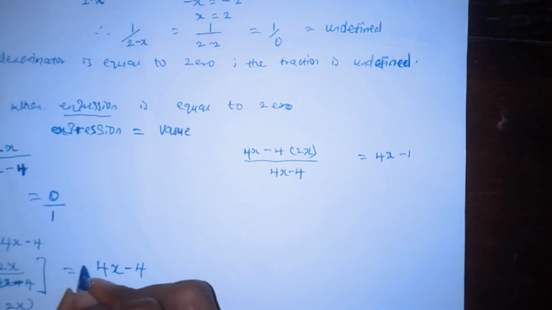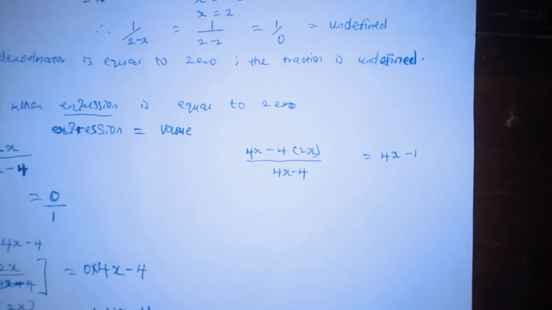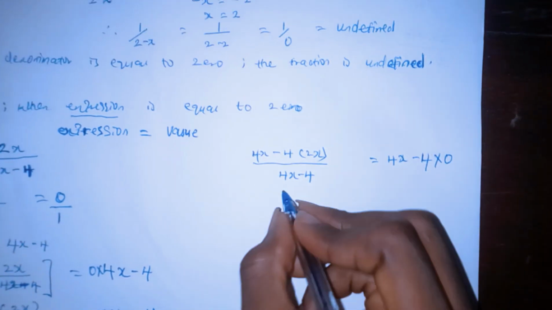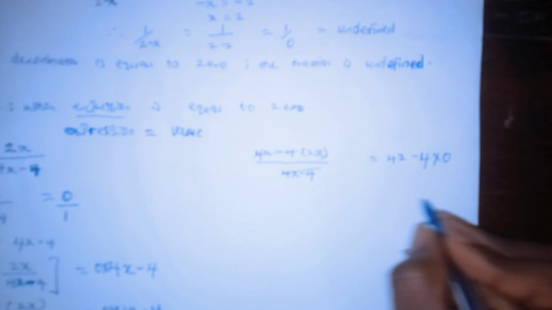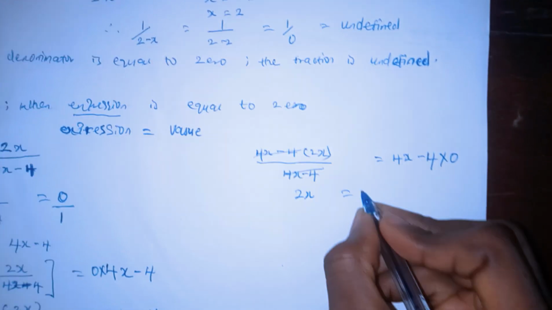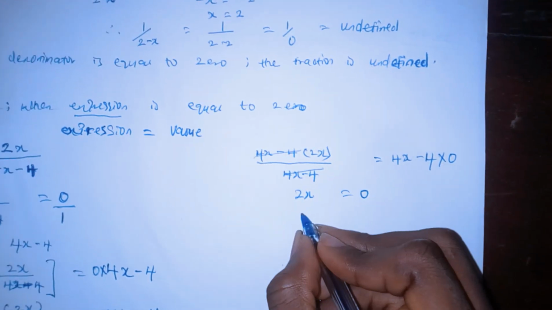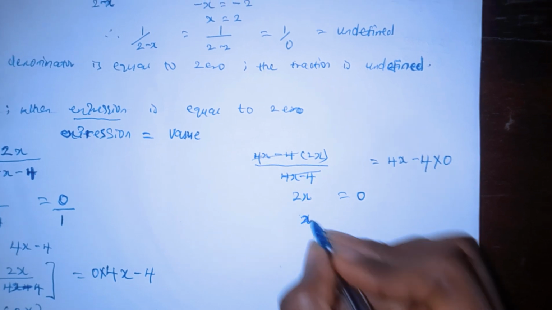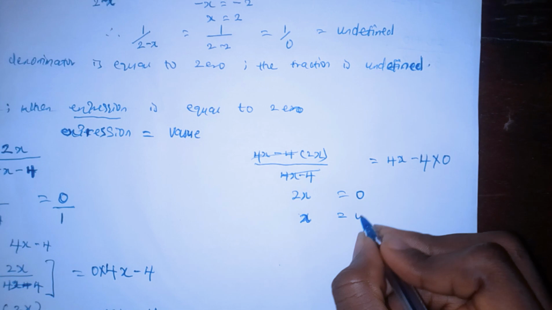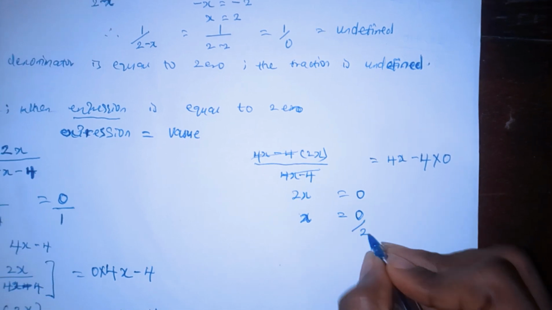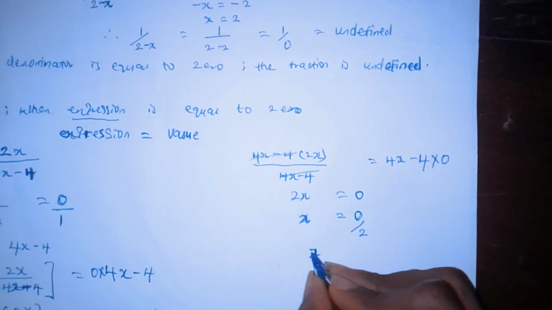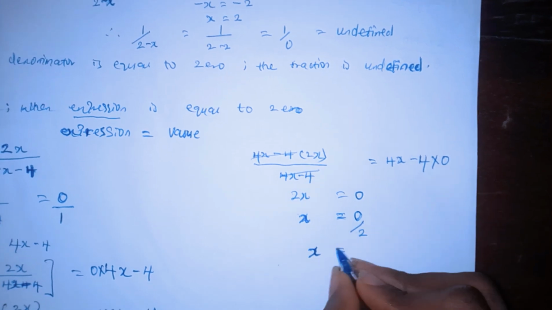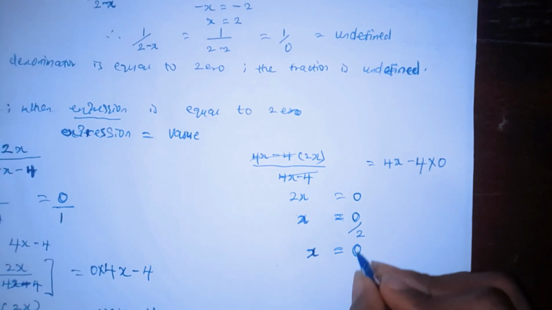This is equal to 0. From here, we cancel this, and it will be 2x equals 0, which implies that x is equal to 0 over 2, and 0 over 2 is equal to 0.